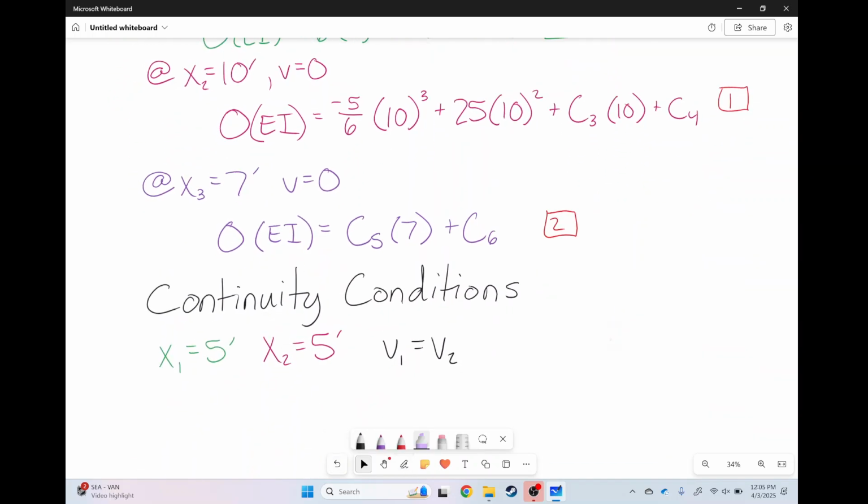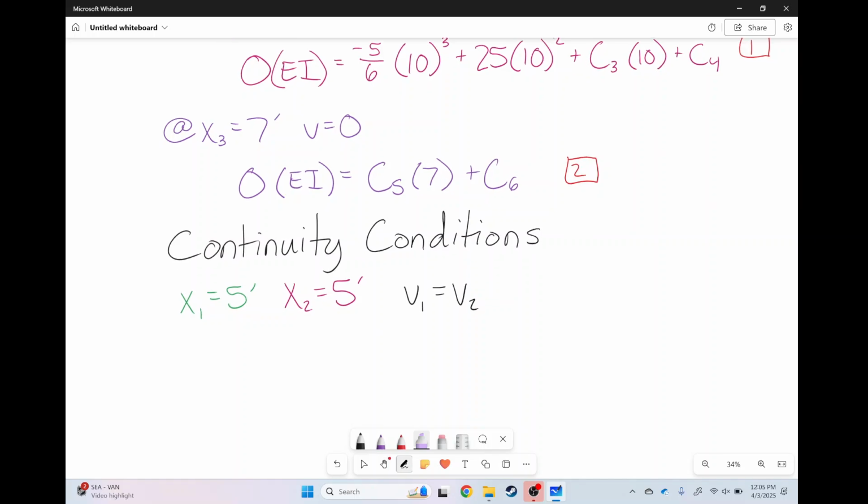Here's deflection equation number 1. We're going to have 5 divided by 6 times x, which is 5 cubed, plus c1 times x, plus c2, but c2 was 0. Great, that was deflection 1.